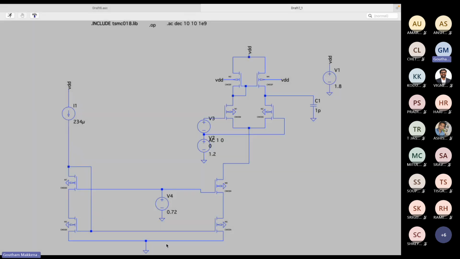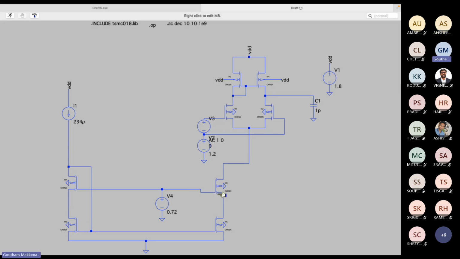Yes or no? Now I have to size this one. What is the overdrive? 100 millivolts here. What is the overdrive of M8? 100 millivolts. So everything will turn out to be the same.